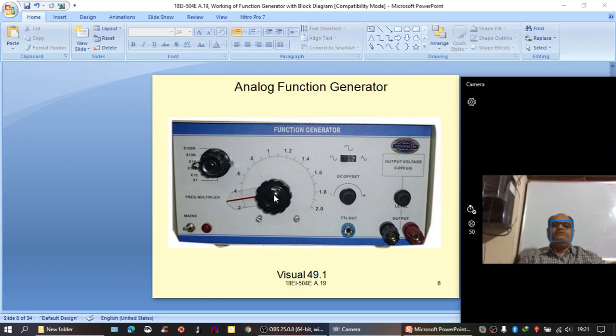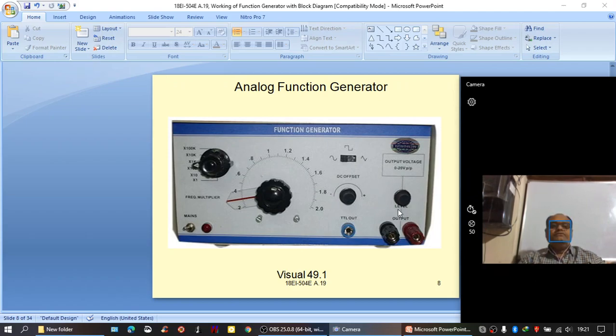Suppose if there is positive DC offset, here, by applying negative voltage, we can nullify the DC in the function generator output, and vice versa. When there is a negative DC voltage, then by applying a positive voltage through this knob, we can nullify the DC output in the function generator.